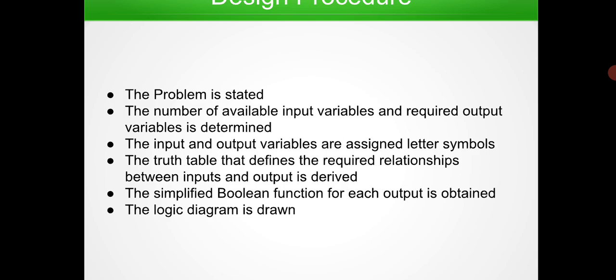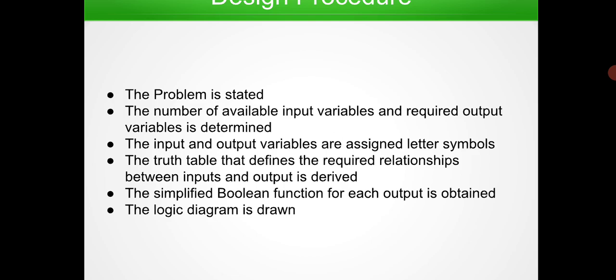Next, the simplified boolean function for each output is obtained. A boolean function is obtained for each output, because if you want to represent something in a technical or functional way, you require a simplified boolean function. That should not be any complex thing. There should not be any complexity to represent something.